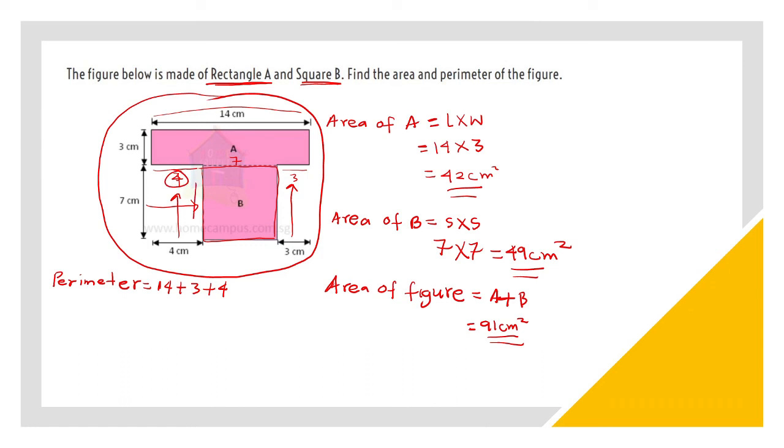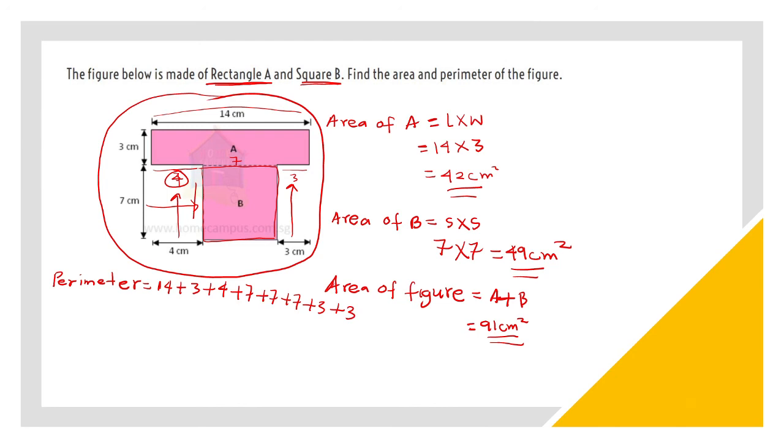And this side is 7 plus 7 plus 7. This side 7, this side is also 7, up again 7, plus 3 plus 3, right? So that's what you get.